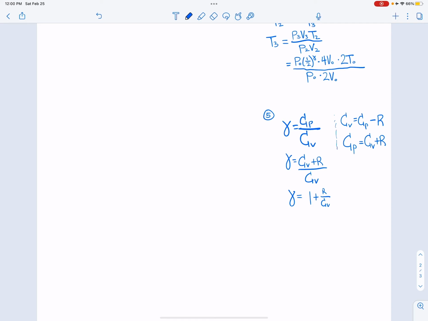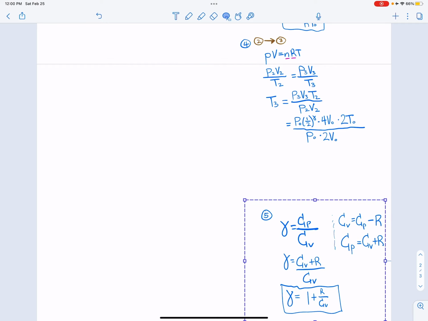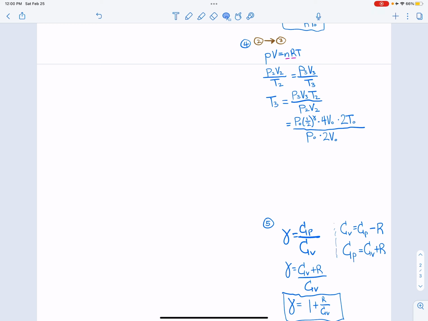That will be my value for gamma. I told you guys there were quite a few side quests. Alright, so let's move side quest number 5 lower a little bit because we'll have to return to side quest number 4.